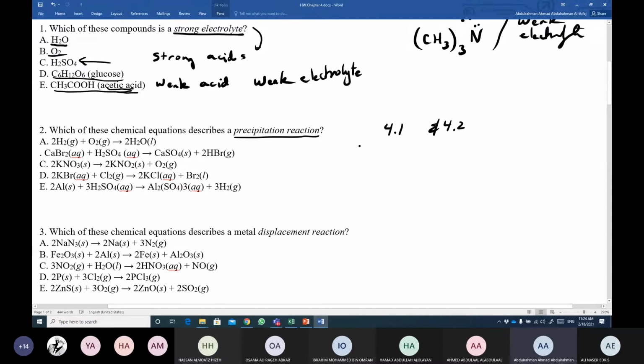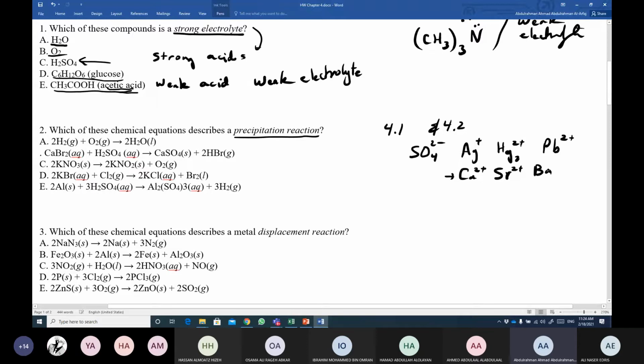Let's talk about SO4 2-. SO4 2- will not make a precipitate except with which ions? Ag+, Hg2 2+, Pb 2+, and calcium 2+, which is an alkaline earth metal, then strontium, one below it, and then barium.